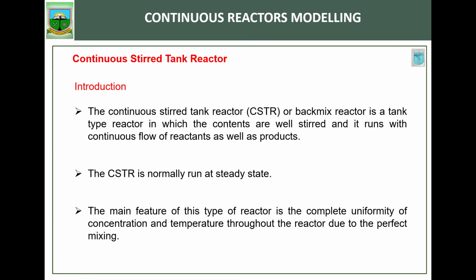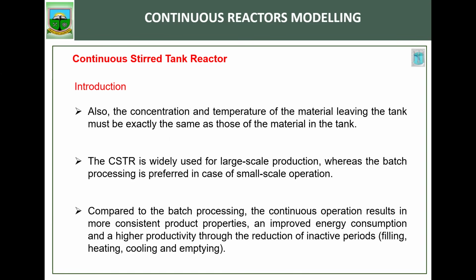Normally we assume the main feature of this type of reactor is that it ensures a uniform concentration and temperature distribution, through the stirring mechanism. You are always able to achieve constant concentration and temperature, or you see that the variation in temperature and concentration is quite small.